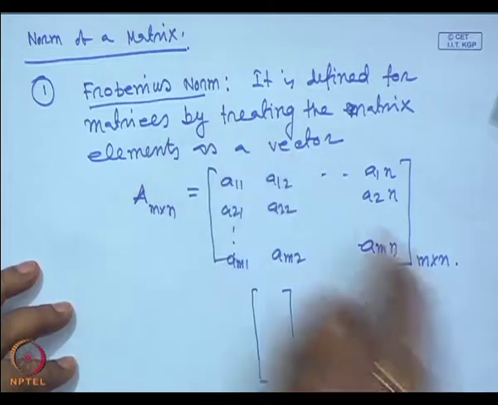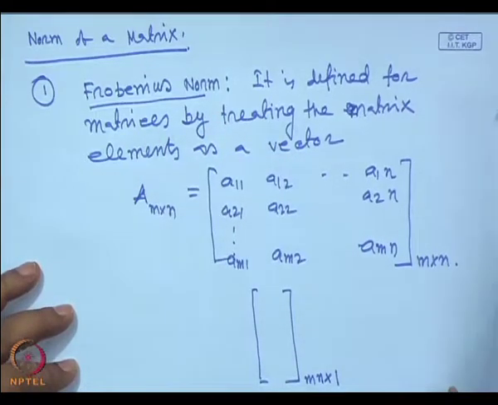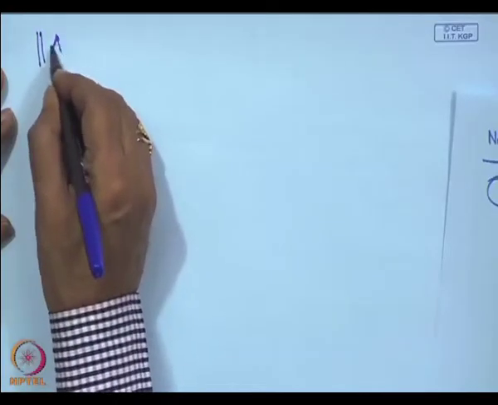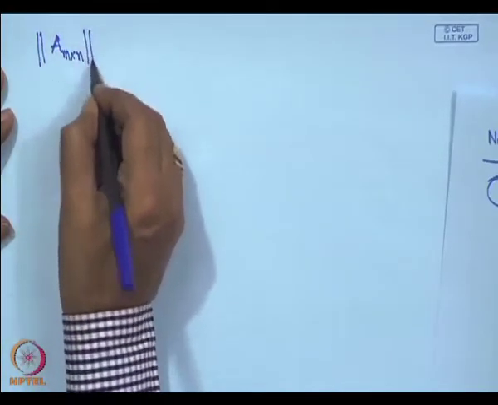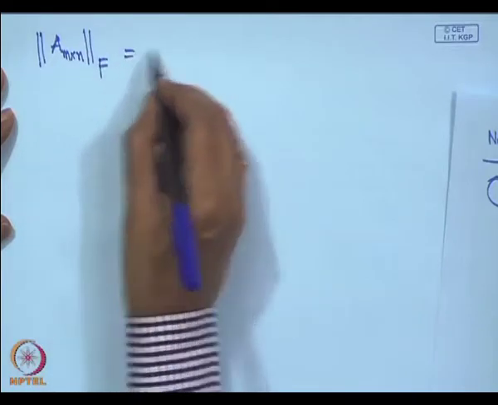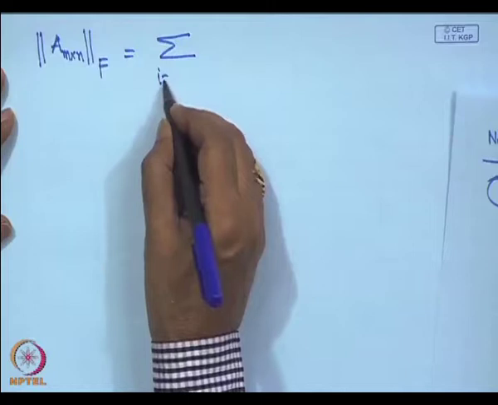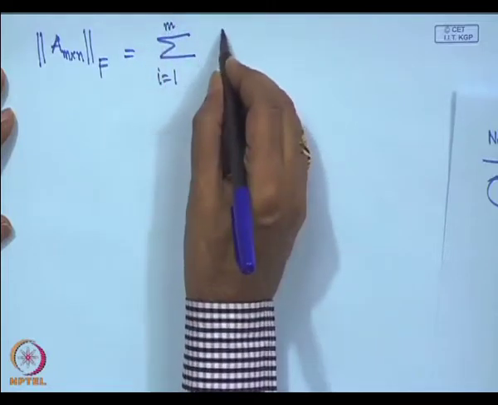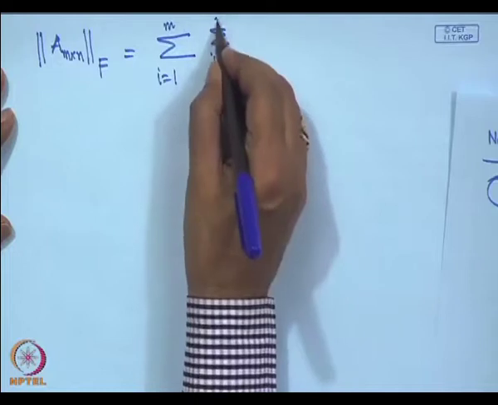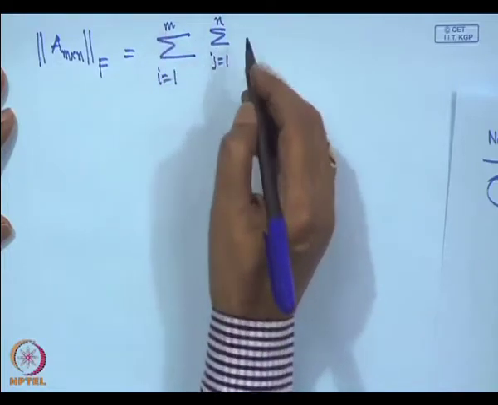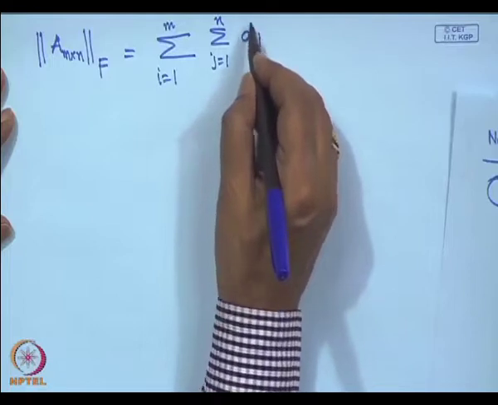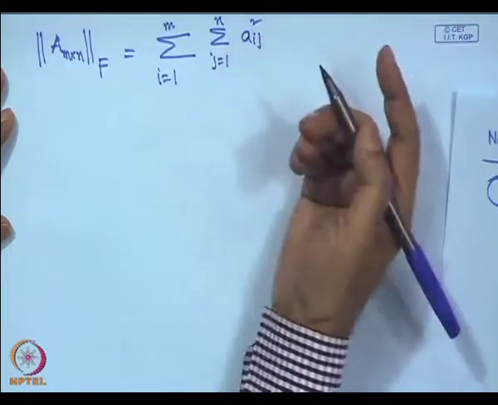Then the Frobenius norm is nothing but the square root of the sum of all elements squared. We denote it by A m cross n with subscript F, where F stands for Frobenius norm, equal to the square root of the summation of i equal to 1 to m, summation of j equal to 1 to n, where m is the number of rows, of a_ij squared. The absolute value is not necessary because it is a square.